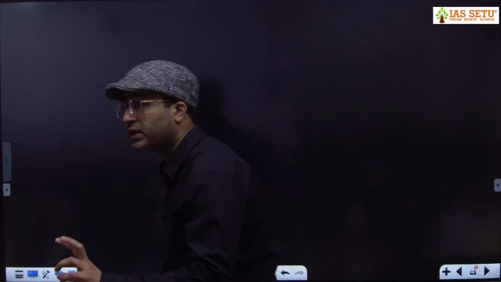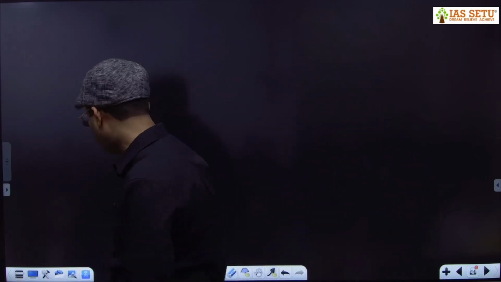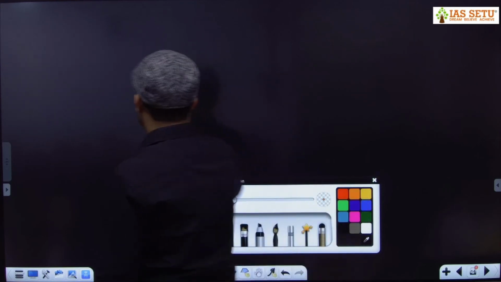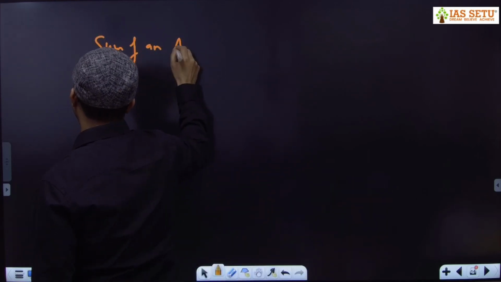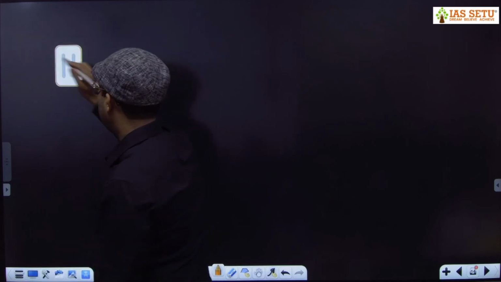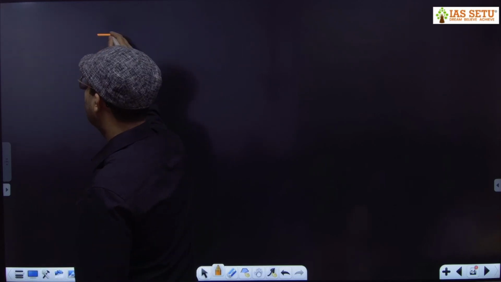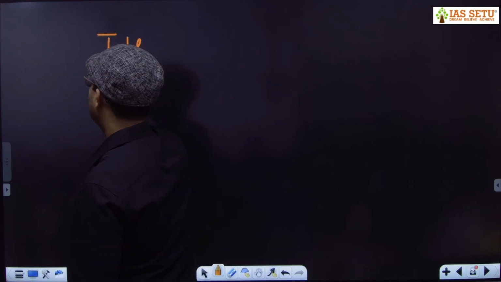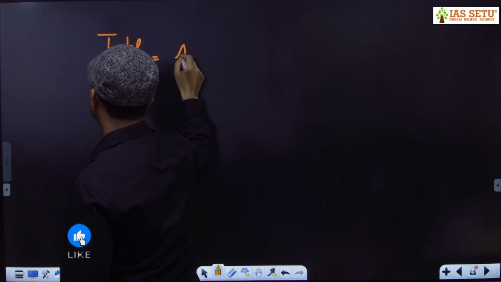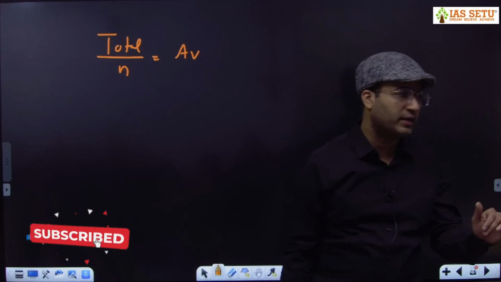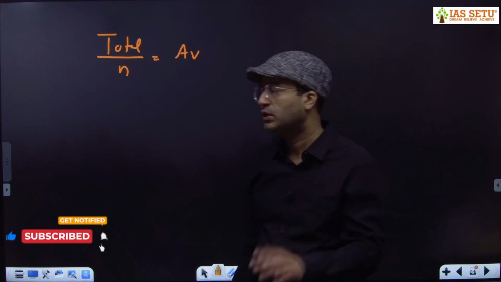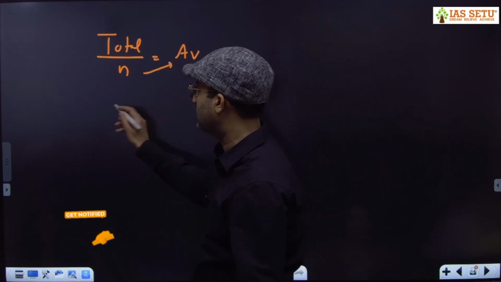Now our topic is the sum of an AP. So what is the sum of an AP? Total divided by number of terms gives you the average. Cross multiply, take n to the other side.